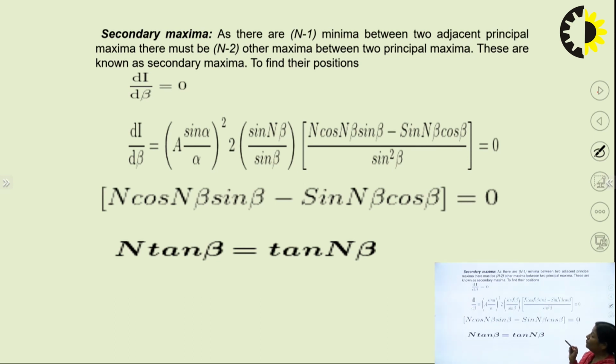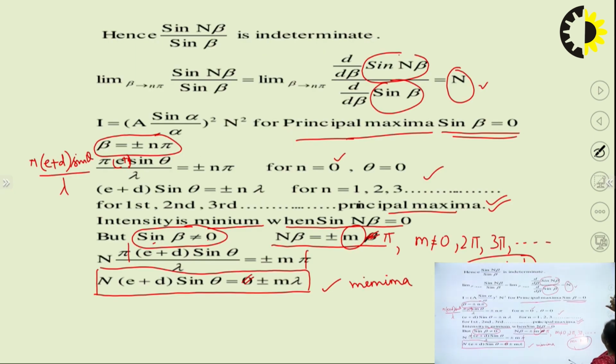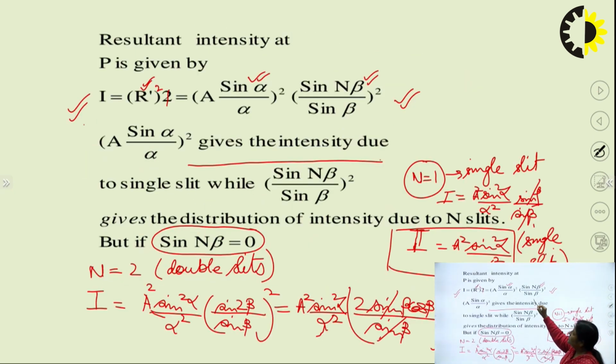So now we need to understand how we can calculate these secondary maxima. If we look at the intensity expression again, we have imposed a condition that in one situation sin N beta will be minimum, and in the other situation sin beta will be minimum. So both conditions have been used now. How do we calculate the secondary maxima?